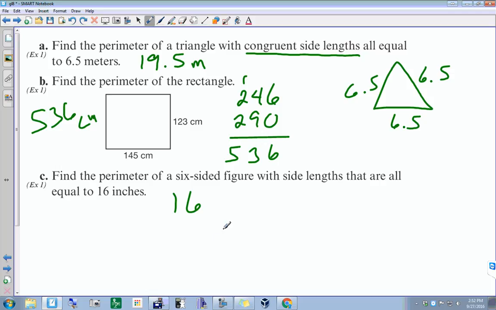Okay, and if each side is 16 inches, what do I do with 16 and 6? Yep. So you get 16 times 6, not 16 to the 6th power. So 16 times 6 is what? 96, and we're still talking perimeter, so this is going to be inches. Okay?